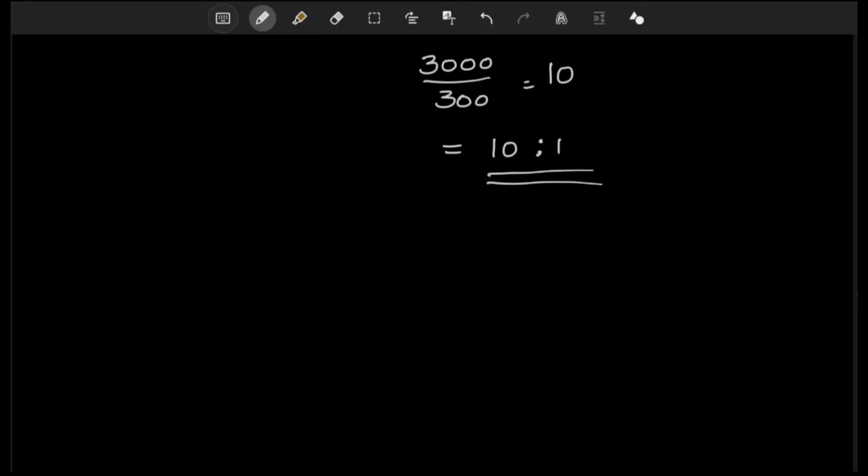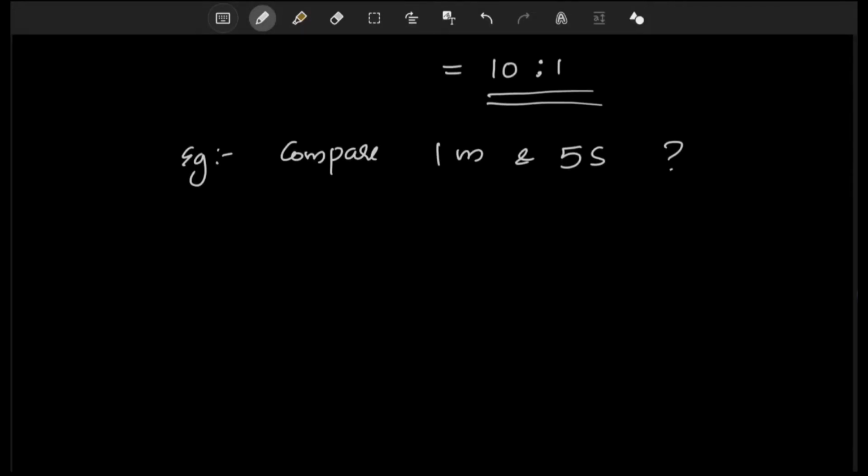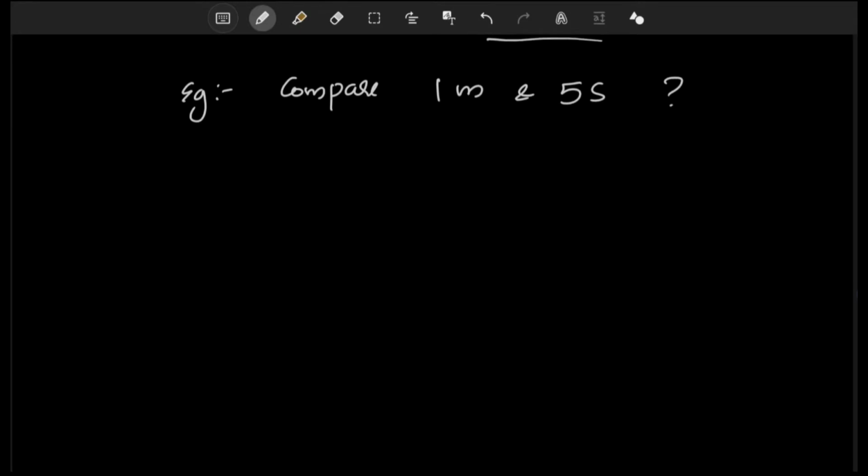If the two quantities given are 5 second and 2 meter, for example, compare 2 meter with 5 second. This is our question.